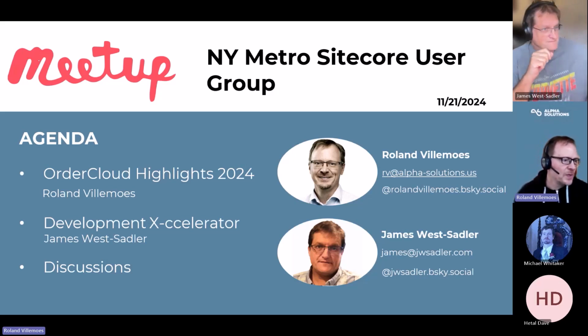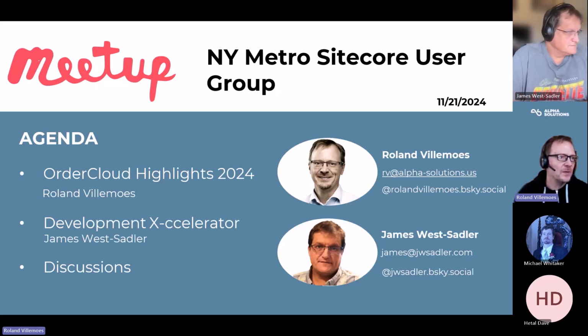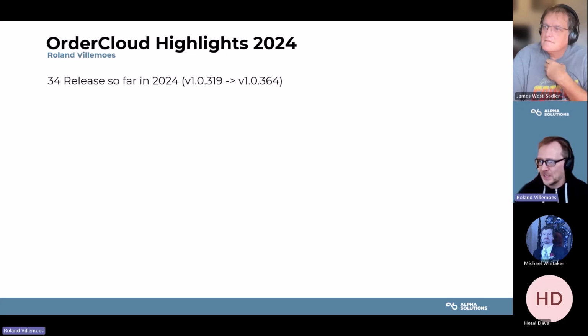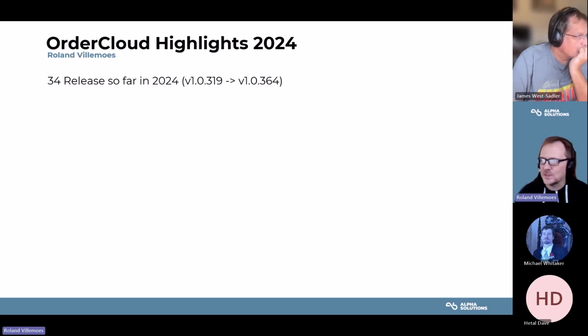So what I've been doing is poking around to see all the updates that the nice guys at OrderCloud have been doing, and there's actually been a lot. I counted 34 releases so far, which is quite a lot.